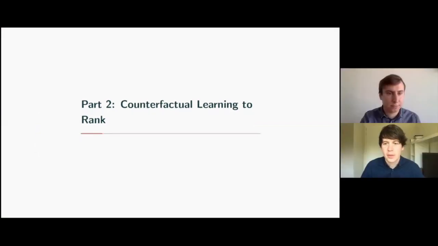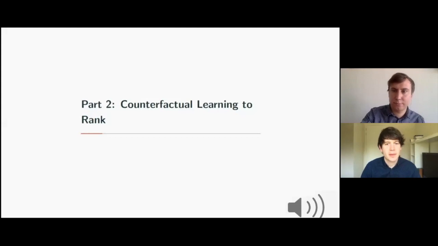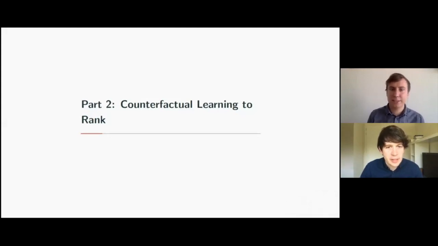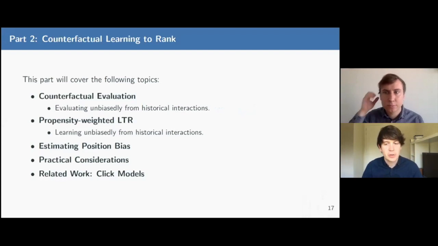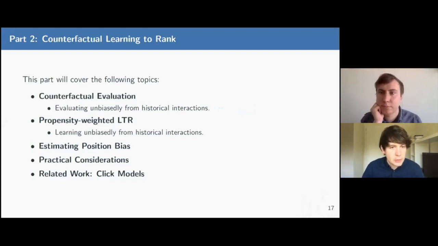Thanks. All right, welcome back. We're going to present the second part of the tutorial on counterfactual learning to rank. For this part, it will just be me and Rolf, and we'll be discussing first counterfactual evaluation. Rolf is going to talk about how to evaluate unbiasedly from historical interactions. Then I will take over to talk about propensity-weighted learning to rank, so what we call counterfactual learning to rank.